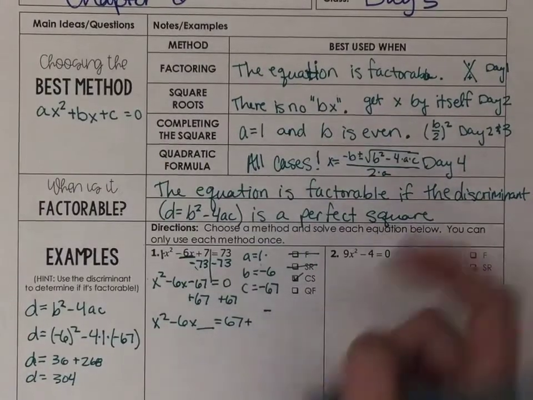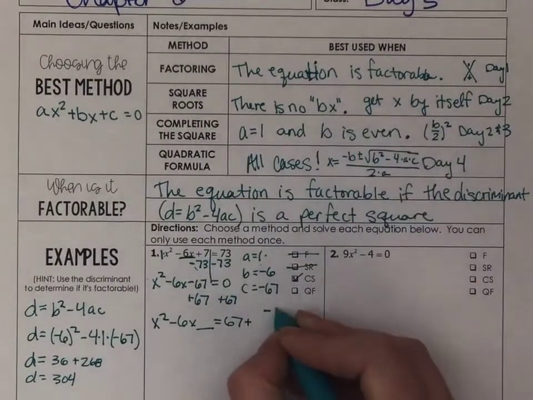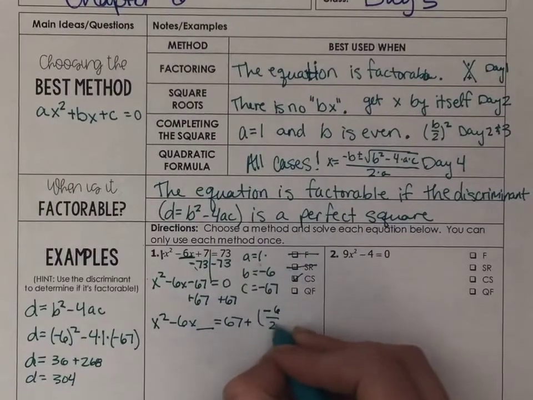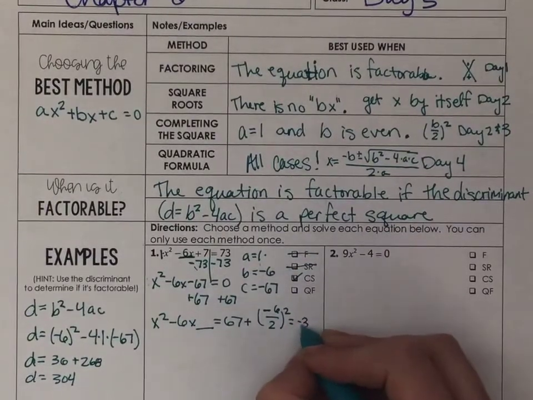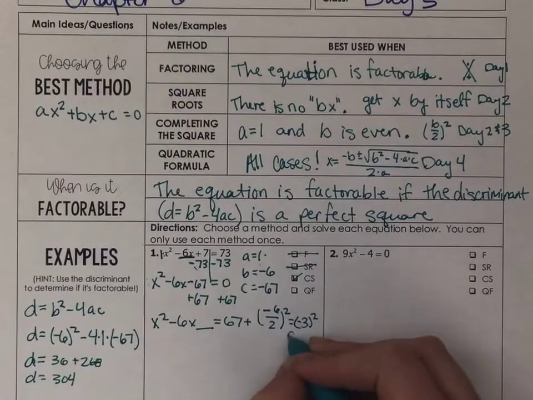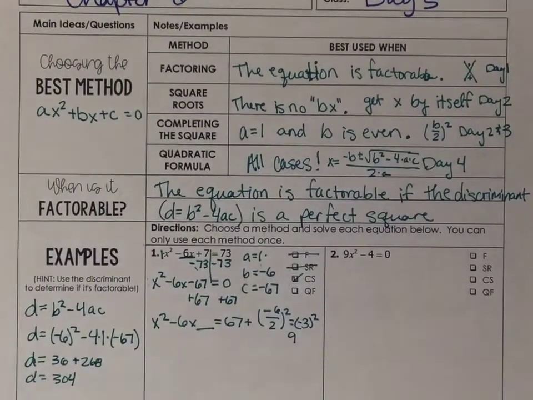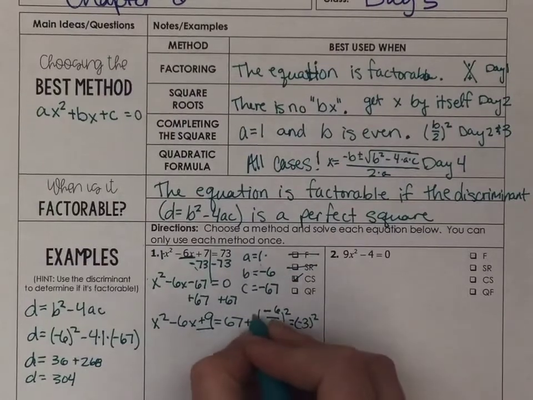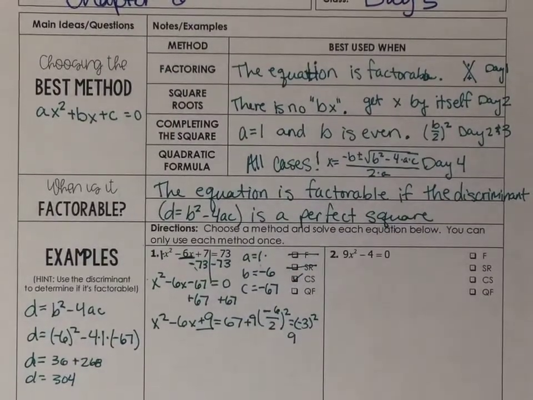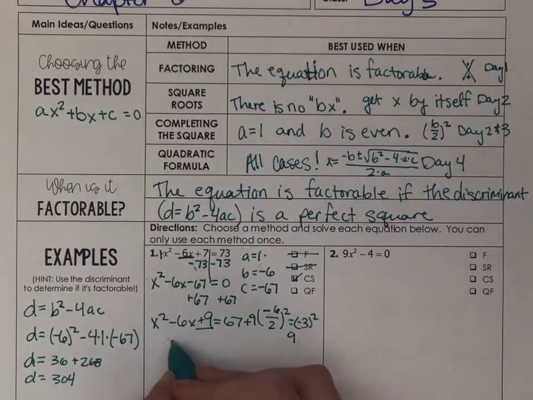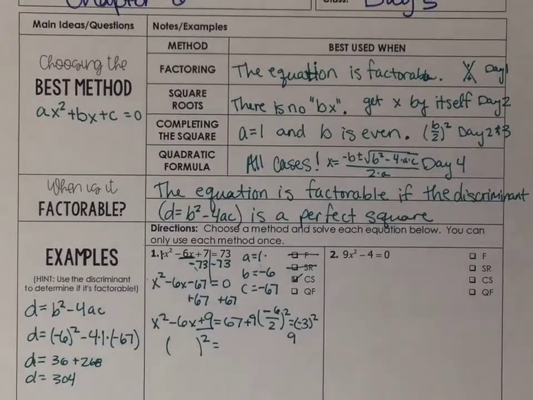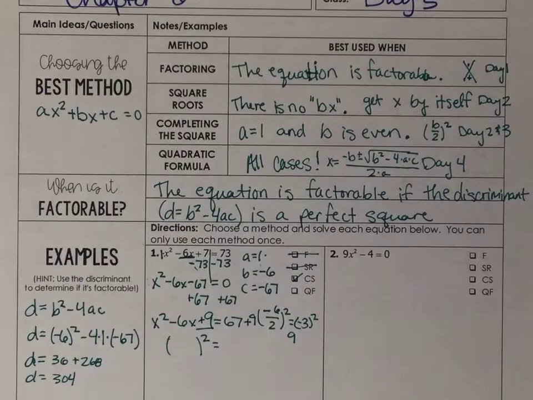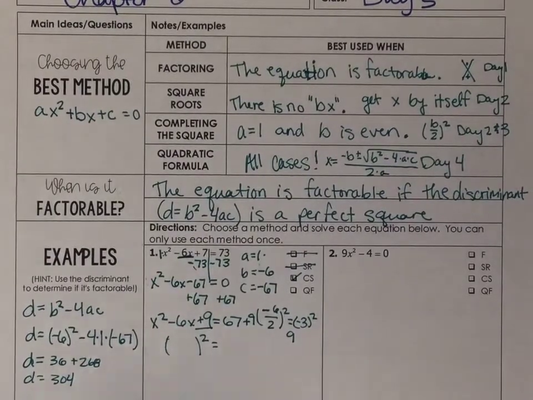To find that number, we take b divided by 2 and square it. So negative 6 divided by 2 squared, which would give me negative 3 squared, which means I'm going to add 9 to both sides of my equation. So plus 9, plus 9. And so on the left side, we'll know that we want to factor this because we made it a perfect square trinomial, so we're factoring it into something squared.